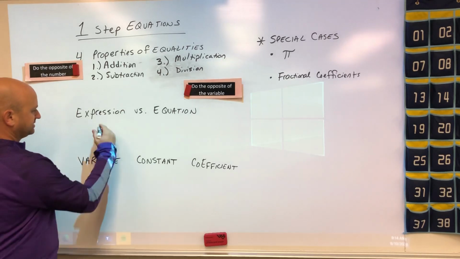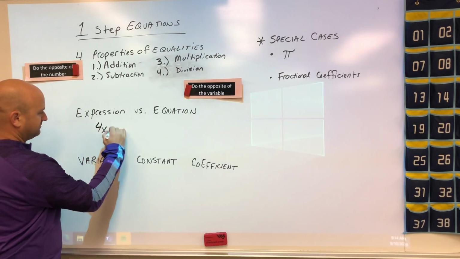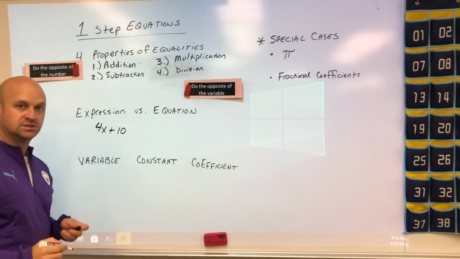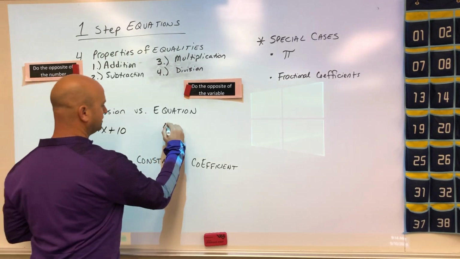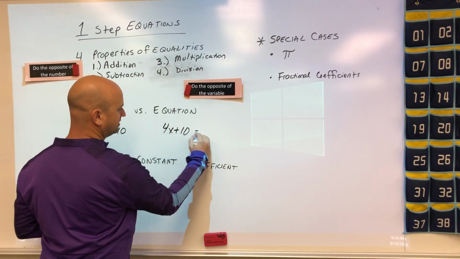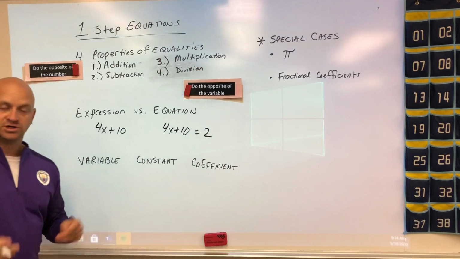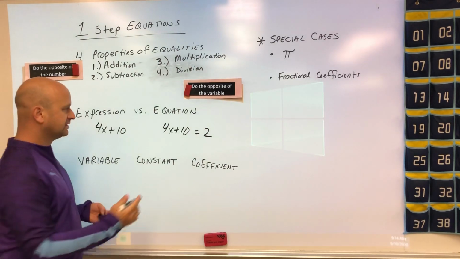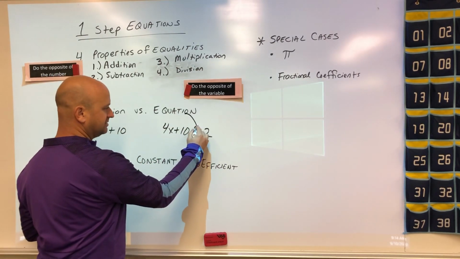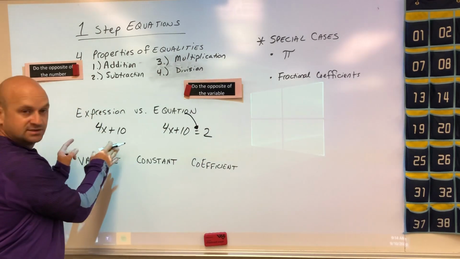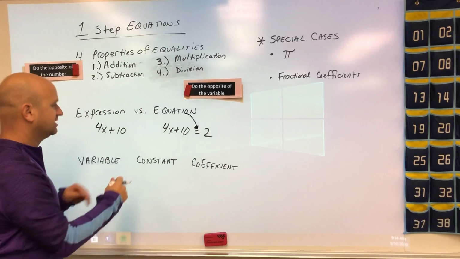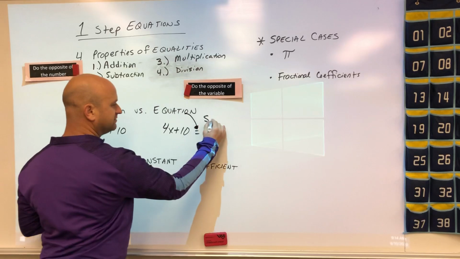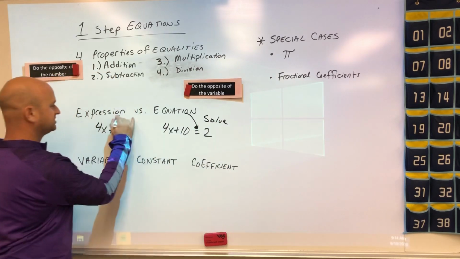Here would be an example of an expression, 4x plus 10. Here's an example of an equation, 4x plus 10 is equal to 2. All right, what's the difference between those two? An equation has the equal sign. An expression does not. Okay, an expression does not. Equations we solve, and expressions we simplify.